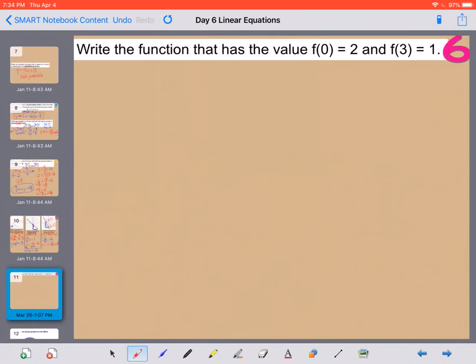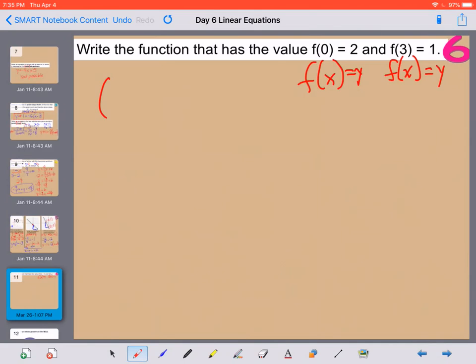Last one, write the function that has the value f of 0 equals 2 and f of 3 equals 1. Now when we usually use functions, we usually use f of x. So that tells me then our 0 is our x, and our 2 is going to be our y. So f of x equals y.